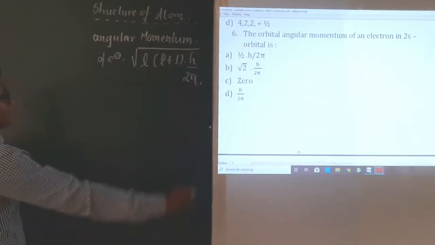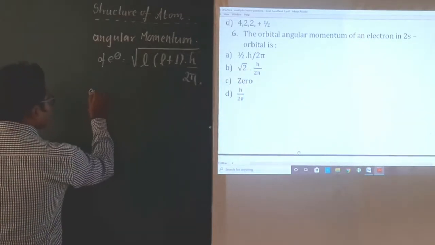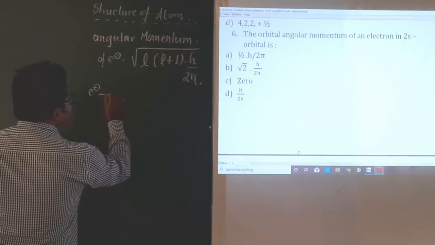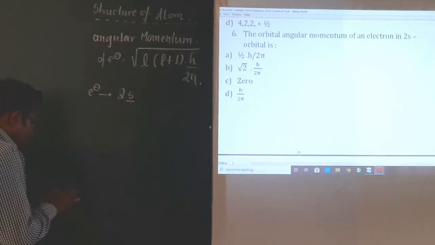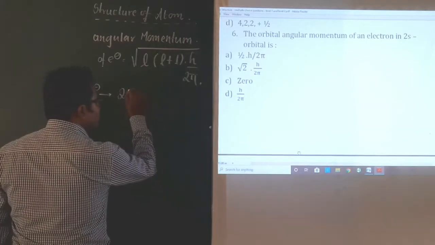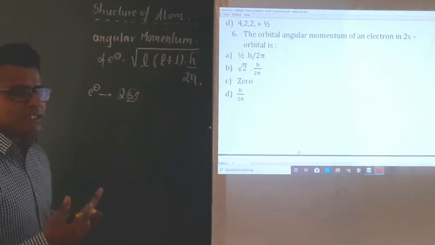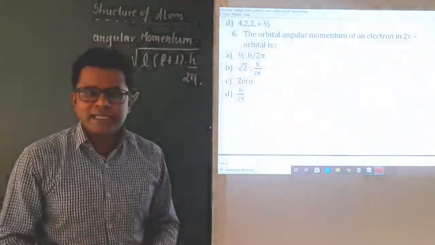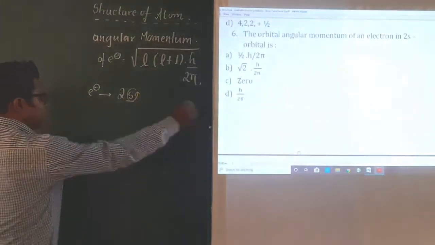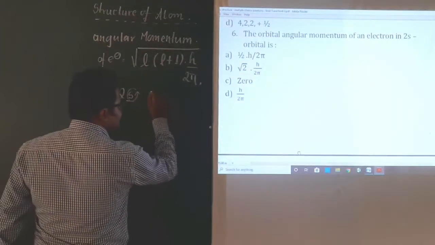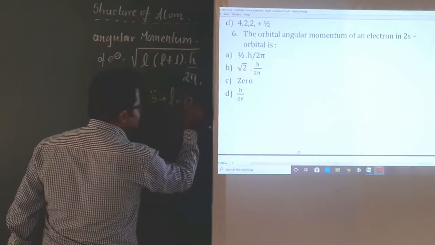Okay, so now here observe the electron is in the 2s, right? Now simply by understanding the value of the azimuthal quantum number for the subshell or the orbital that is given, you can find out the angular momentum. So for s, the L is equal to 0.